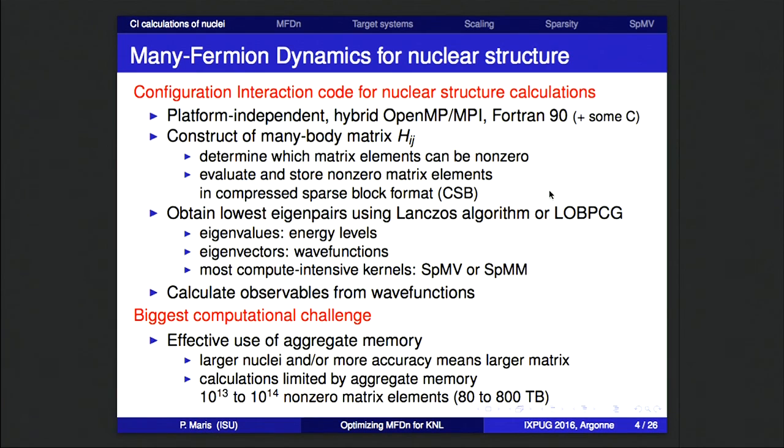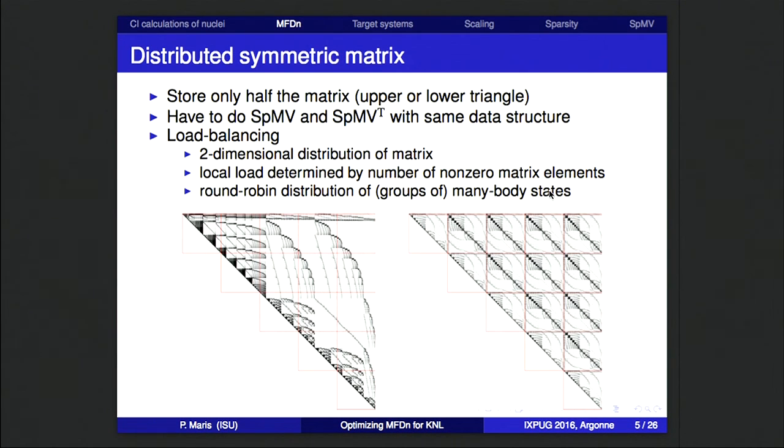We want to get to larger nuclei and larger model spaces in order to get a more accurate result. But it's limited on current machines to about 10 to the 14th non-zero matrix elements, and that would need about a petabyte of storage. In order to store it, since it's a symmetric matrix, we only store half of the non-zero matrix elements.